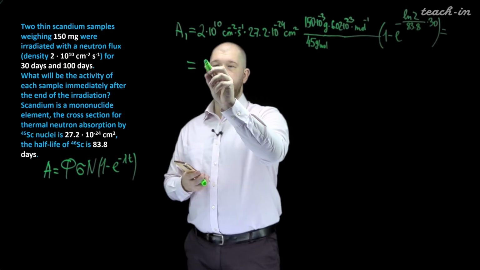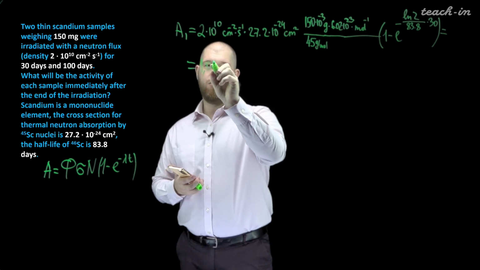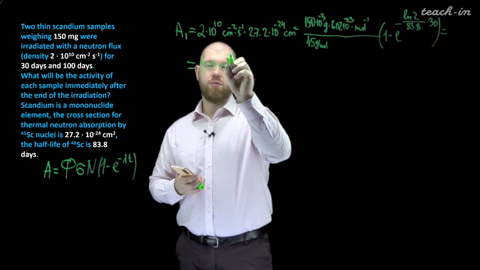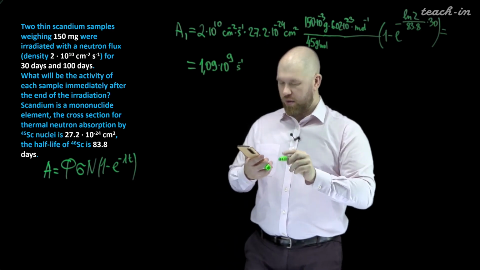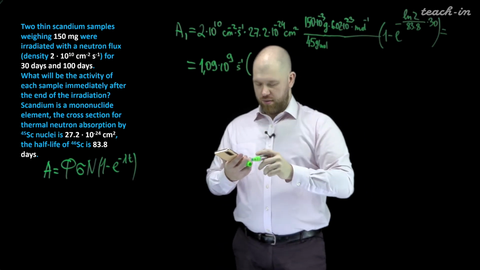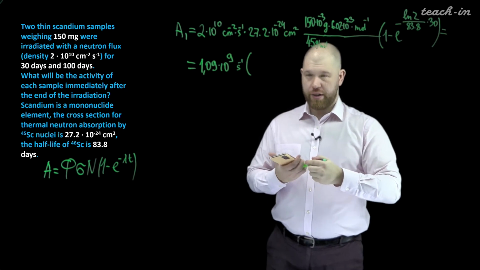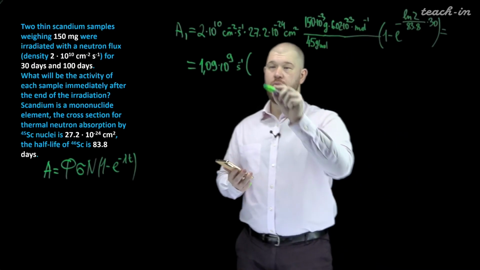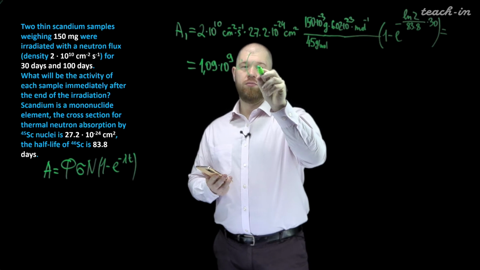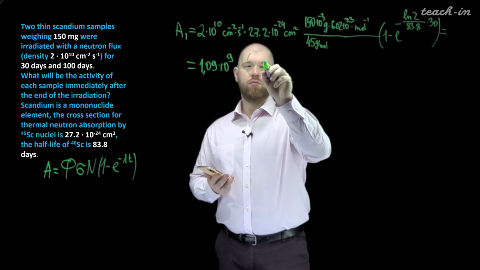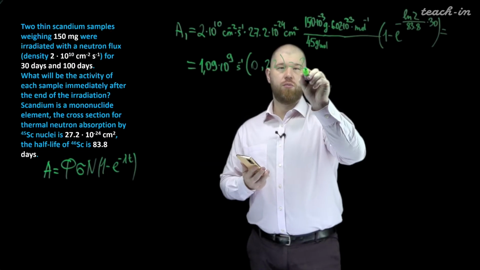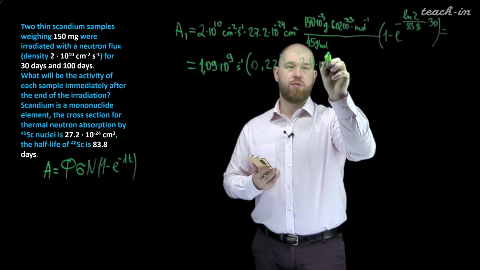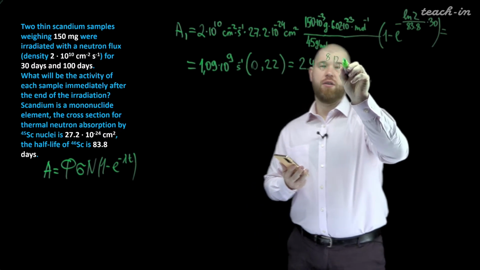So this part is equal to 109 times 10 to 9 seconds minus 1. And now we calculate these brackets. So it is 0.22. So it is 2.4 times 10 to 8 becquerel.